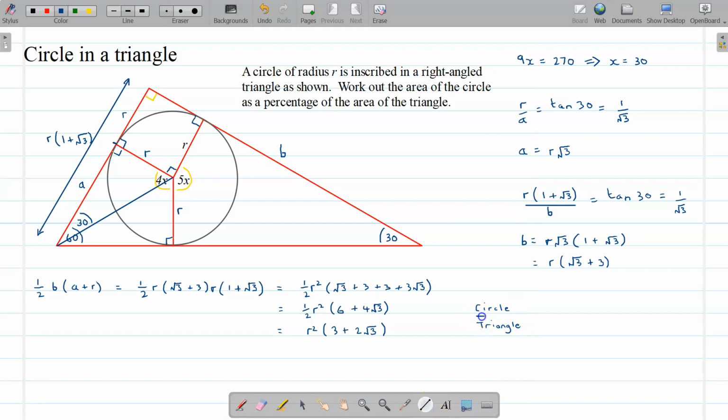The circle over the triangle, in terms of area, is going to be pi r squared divided by this thing I've just worked out. And clearly the r squareds cancel to give me pi over 3 plus 2 root 3.